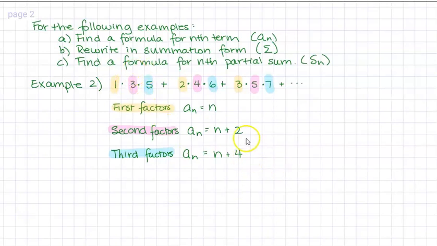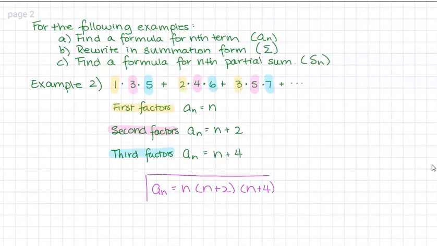It's going to be 4. Then if you put all those together, for our sequence, a sub n is equal to n, n plus 2, n plus 4. And that's the answer to part A, finding a formula for the nth term.